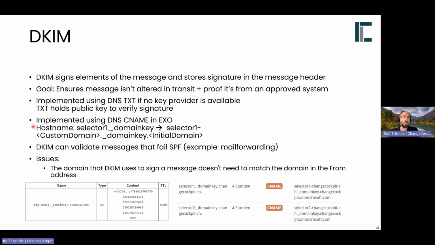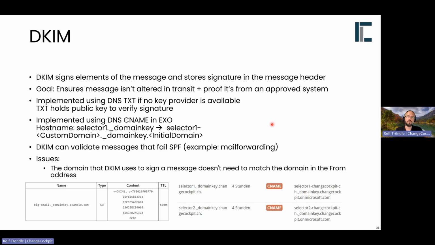So you have these two options. If you have a third-party system, or you do your own DKIM implementation, then you would add this TXT record containing the public key. And DKIM can validate messages that fail SPF. Makes sense.